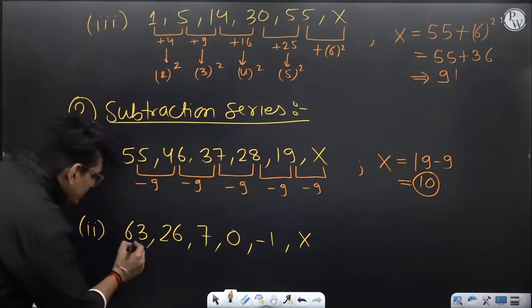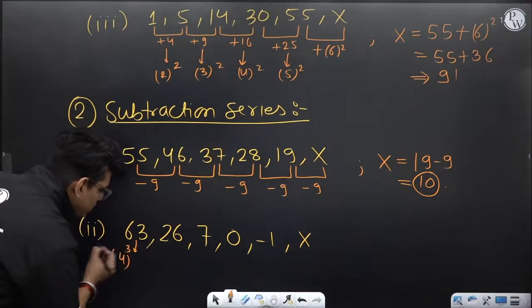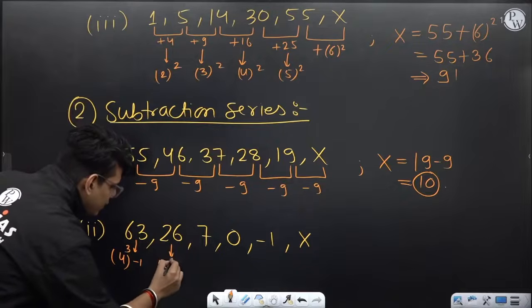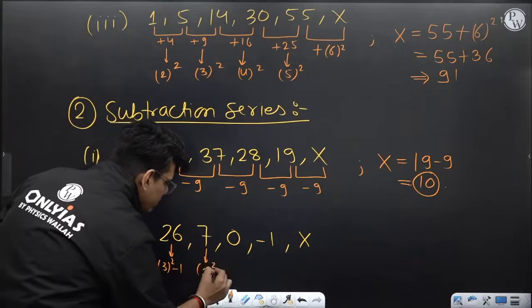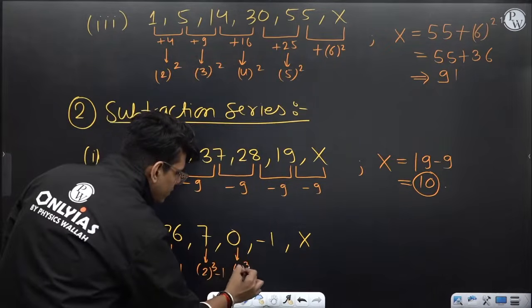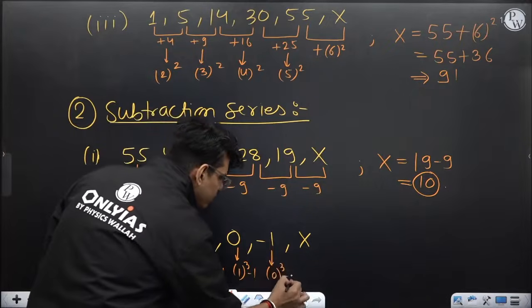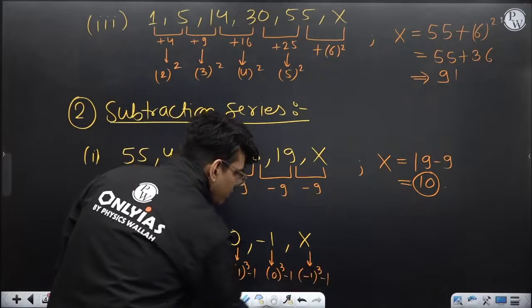So we can write this as, we have to analyze all these terms, right? 4 cube minus 1. This can be written as 3 cube minus 1. This can be written as 2 cube minus 1. This can be written as 1 cube minus 1. This can be written as 0 cube minus 1. So this will be written as minus 1 cube minus 1, right?